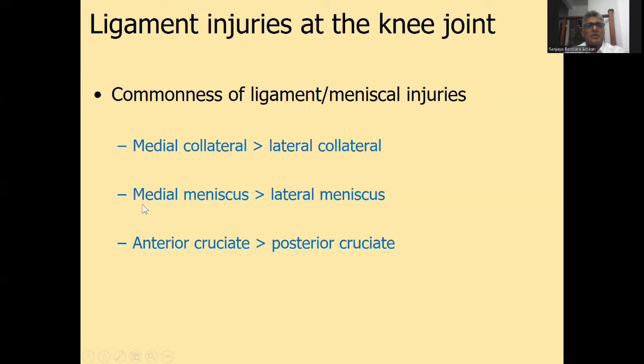When it comes to this medial collateral and lateral collateral ligament thing, as we said before, I don't know whether I said that in the previous lecture, the forces, say when you play rugby or football, when they're tackling, or when there is some accidental force coming, usually it comes from outside. So the knee joint is actually hit from outside rather than inside.